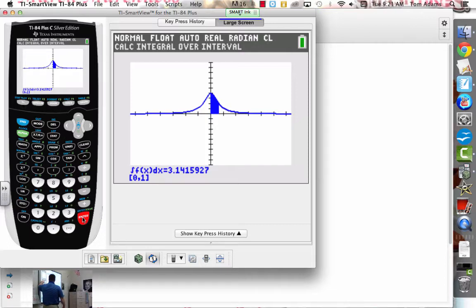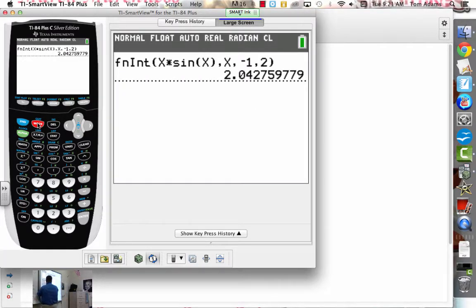So now, if I want to do the same thing again, I'm going to hit second entry, but now I'm going to change my function.